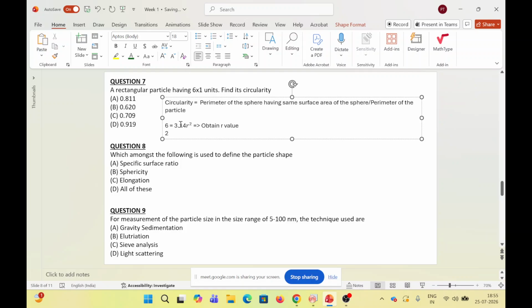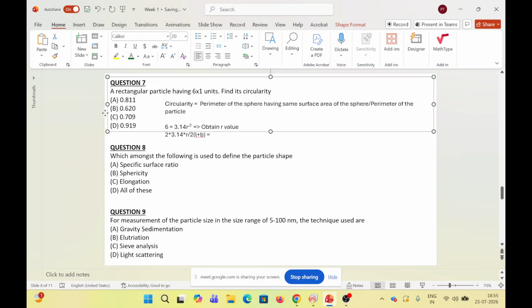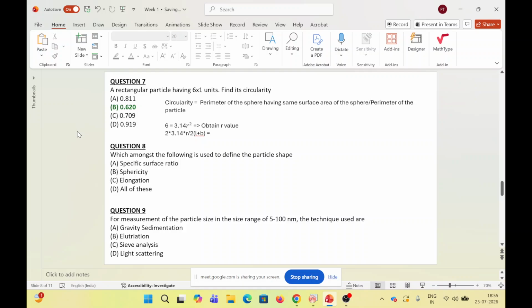So 2 times 3.14 times r, divided by the perimeter of the rectangle, that is, this is elementary math, 2 times (L plus B). So you can add, and if you calculate, the answer should be 0.620. Anyone with any other answers?